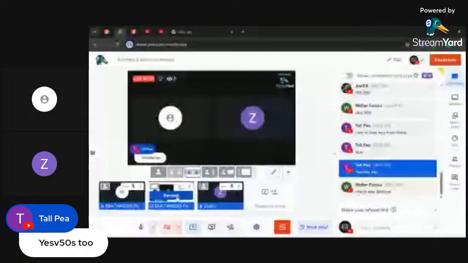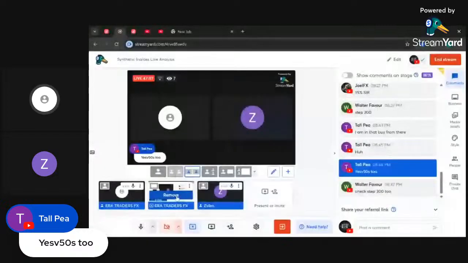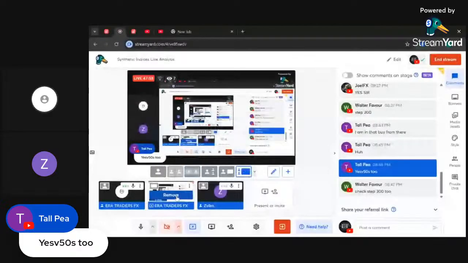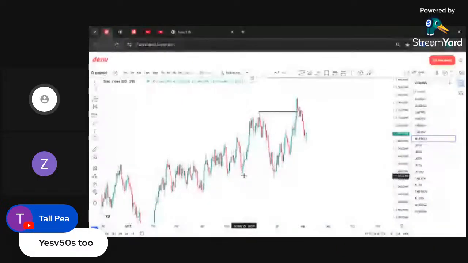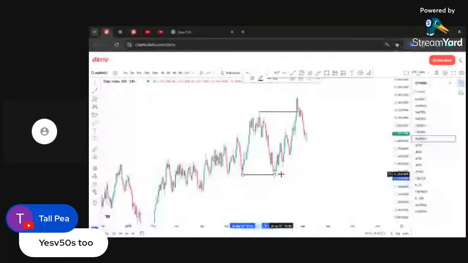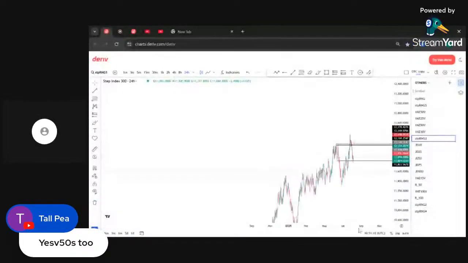So clearly from step 300, then we had the sweep of this one. We had the sweep of that low.